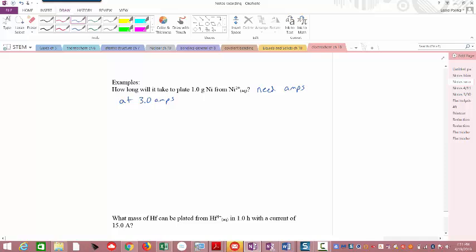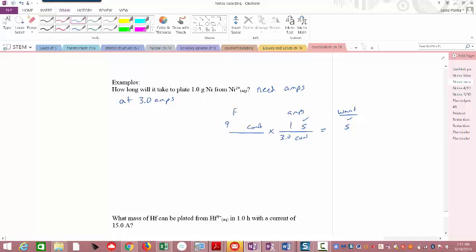Okay, so here's what we want is our time, and we're going to find it in seconds because amps is coulombs per second, and so we're going to use it reversed here, or inverted, so that we end up with seconds on the top. So now if coulombs are on the bottom, we would need coulombs on the top.